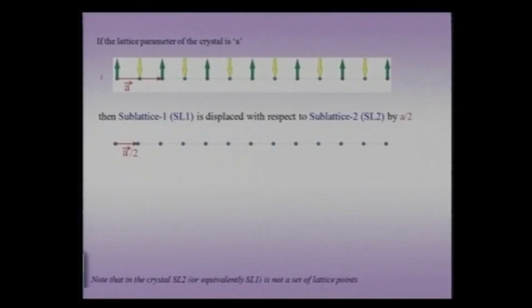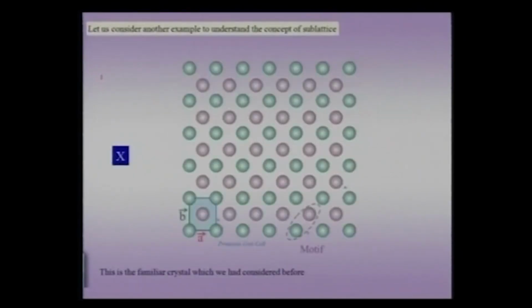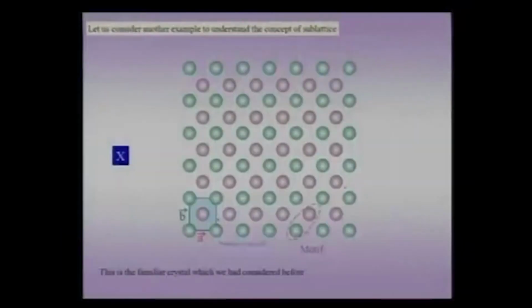Now let us consider a two-dimensional example to illustrate the same point, which is the concept of sublattices and subcrystals. We have another familiar example which we had considered before, a two-dimensional crystal created by decorating a two-dimensional lattice with a motif which consists of a green circle and a brown or maroon circle.